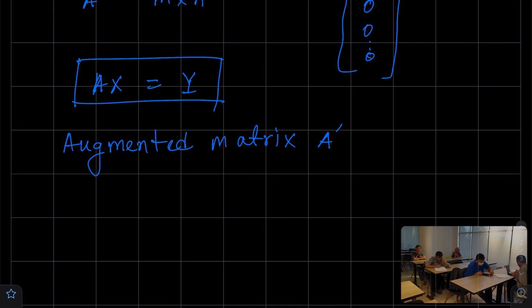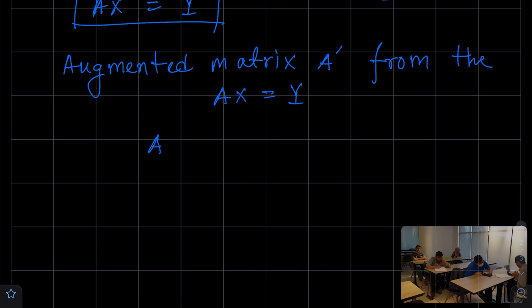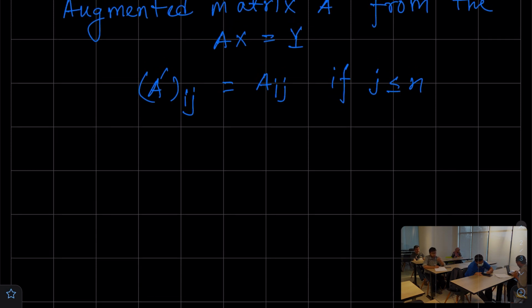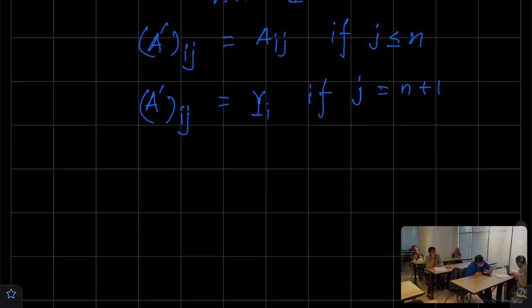I can construct the augmented matrix A prime, where A prime ij is equal to Aij if j is less than or equal to n, and A prime ij equals yi if j equals n plus 1.